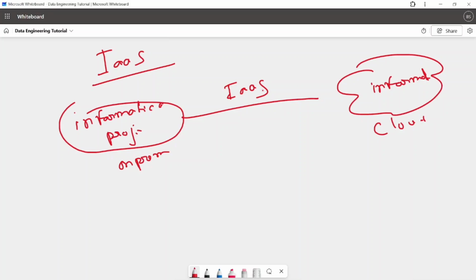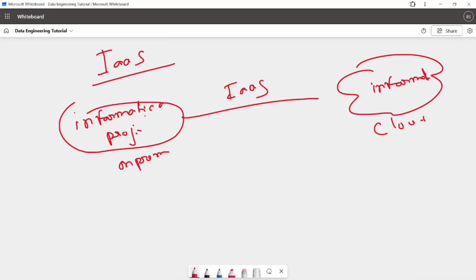This time they don't want to lose their Informatica.